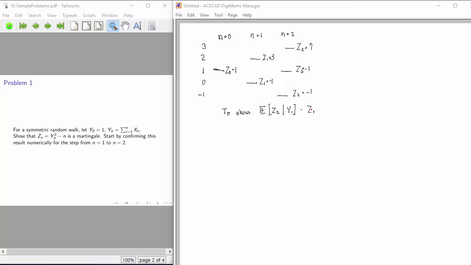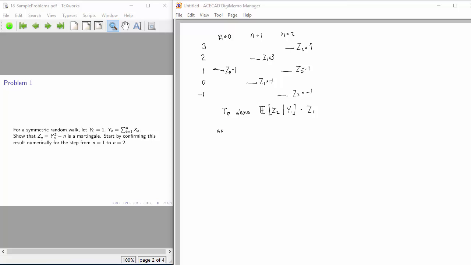Notice it's not sufficient to show that the expectation of z2 is equal to the expectation of z1. That's a necessary condition for a martingale, but not a sufficient one. We have to check this for two specific cases.